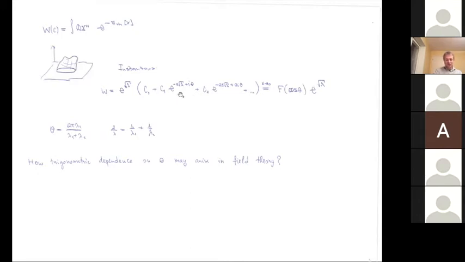So this string may fluctuate, and these fluctuations may wrap the vanishing cycle. So in principle, this amplitude will be represented by an instanton series, which will be weighted with the instanton weight with some coefficients that are presumably calculable.